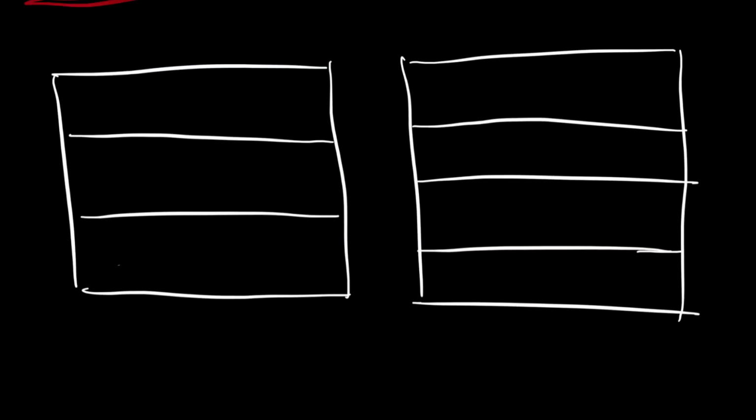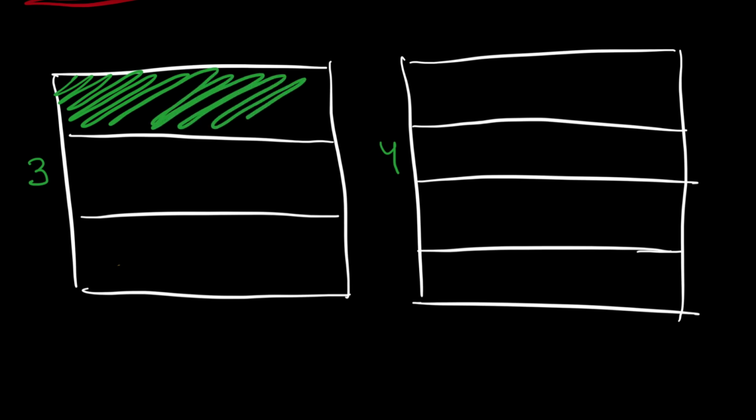So we have two equal sized squares, but one of them is split into 3 equal pieces and the other one is split into 4 equal pieces. So what's the fraction of the piece that I just shaded in for the first square?